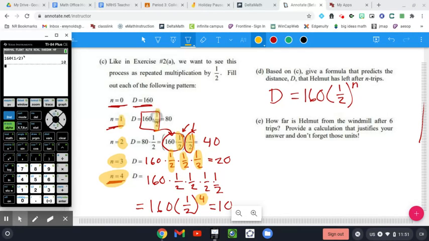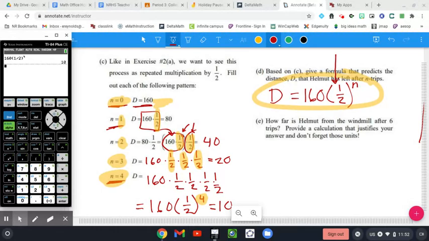On the first trip, we had 1 of these. And on the original situation where there was 0 trips so far, we didn't have any 1/2s yet because we didn't start yet. Okay, so this is our formula. This is an exponential decay formula. This is different from the last video because the number in here is a fraction. That's what makes it decay.